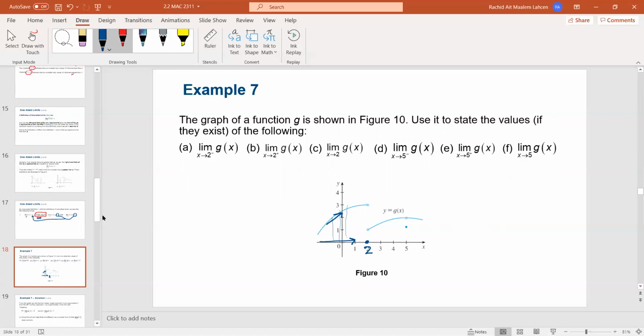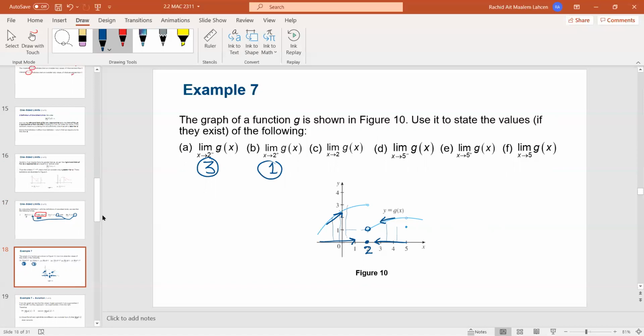As it's going this way, it's going towards 3, right? Now x approaches from the right, this way. So go ahead, project, right? That means you're going this way. And when it's close to 2, it's going to come to this place here, which is a 1.